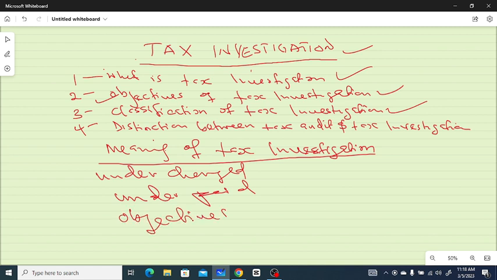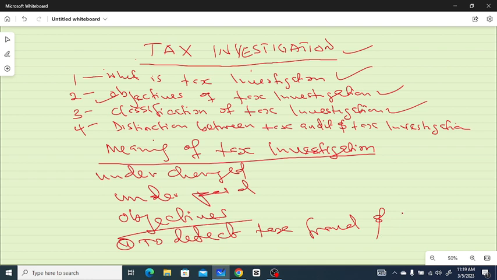Objectives of tax investigation. One is to detect tax fraud and other breaches of tax law.